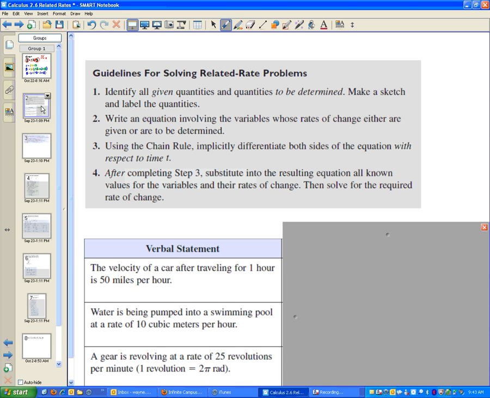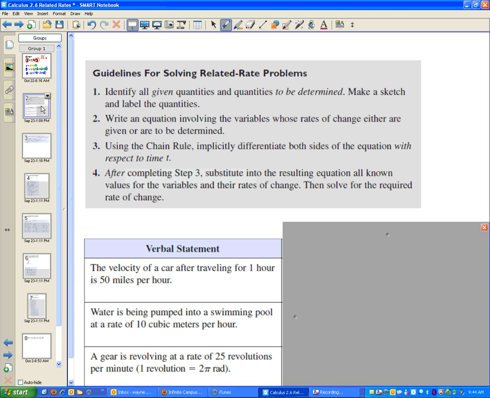All right, there's some guidelines for you on page 150. Figure out what you're given and what you need to know. Write an equation involving what you're given and what you need to know. Then use implicit differentiation. Then they've given you some information that you can substitute into your related rate equation.